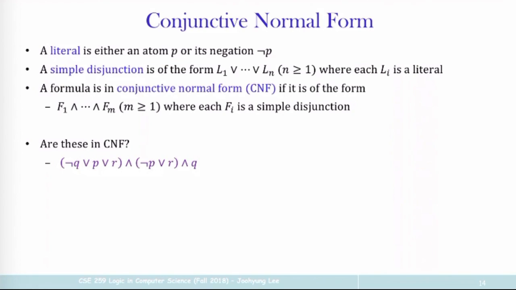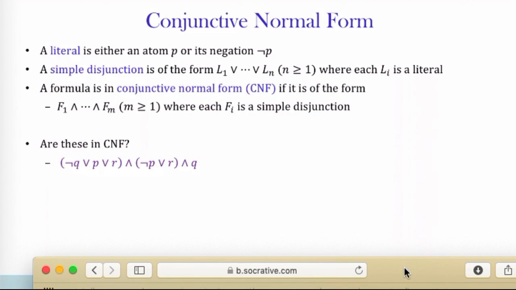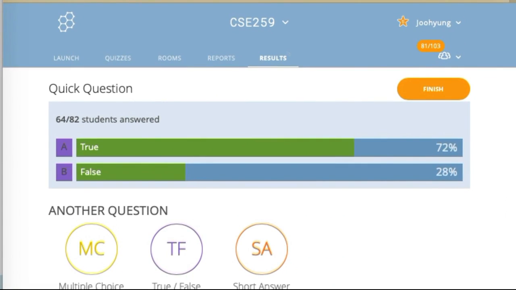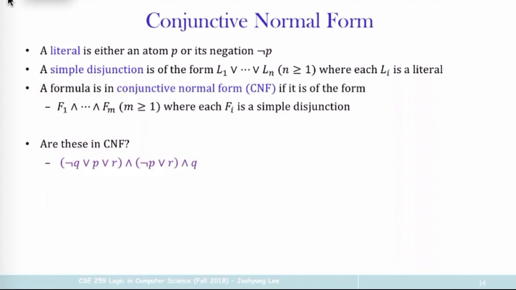Find out where F1 through Fm are, and what L1 through Ln are in each of these conjunctive terms. Some people are still doing it. Alright, so two thirds said true, one third said false. The answer is actually true.